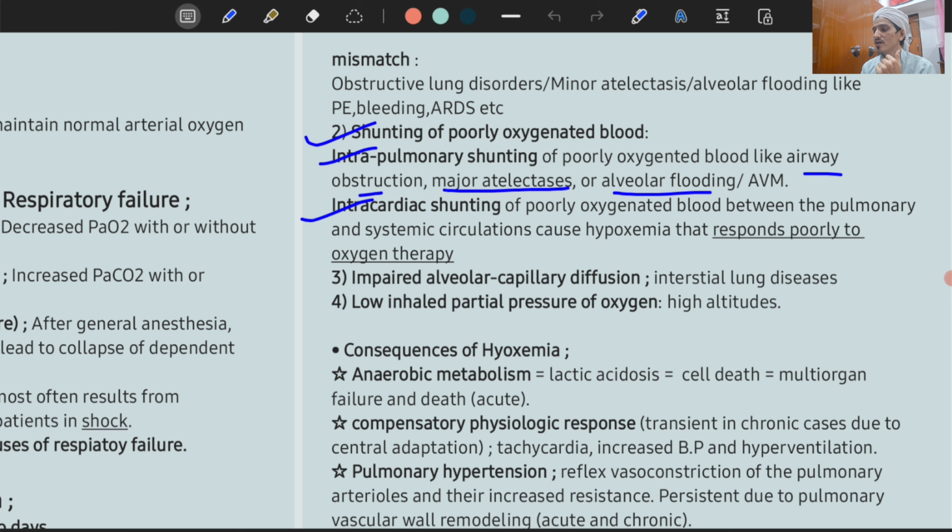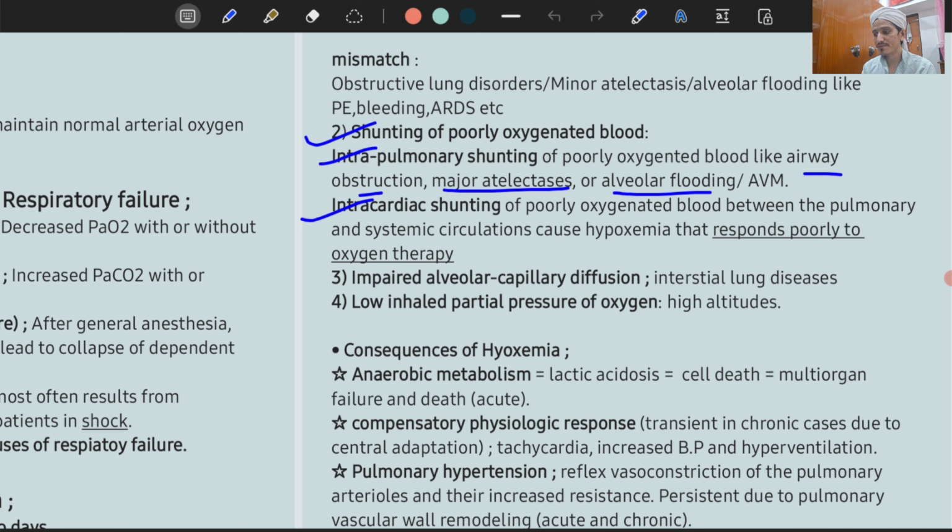Intracardiac shunting, poorly oxygenated blood between the pulmonary and systemic circulations, causes hypoxemia that responds poorly to oxygen therapy. Okay, so the deoxygenated blood from the cardiac shunt, for example in ventricular septal defect or patent ductus arteriosus or tetralogy of Fallot, will be mixed with the oxygenated blood, and that will cause hypoxia, and that will respond poorly to oxygen therapy because there is mixing of the blood.